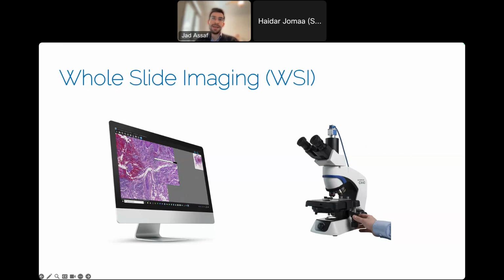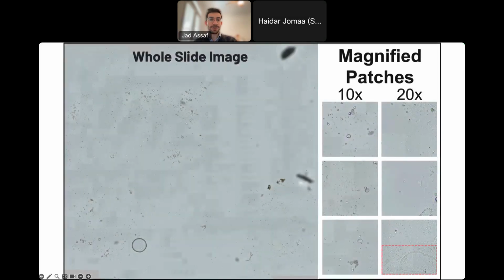Essentially, we hooked up a microscope with a camera and we digitized an entire slide at very high magnification. And to do that, we have to collate multiple patches together through a specialized software for whole slide imaging. These are available online. And this is how we can convert a slide on a glass slide to a digitized whole slide image.